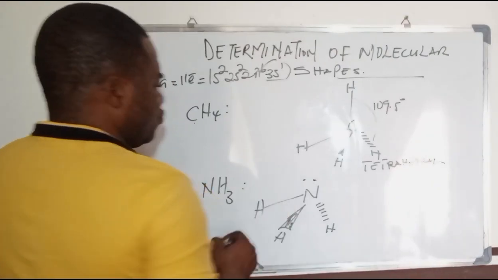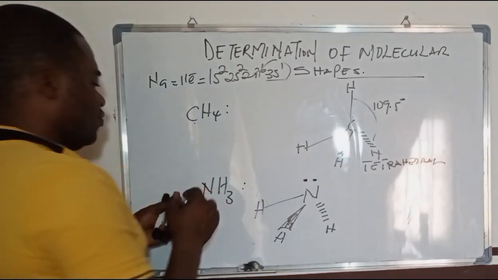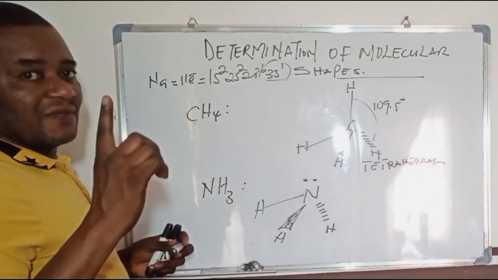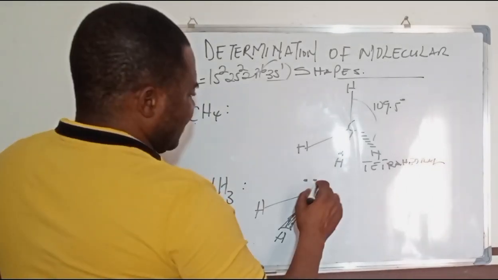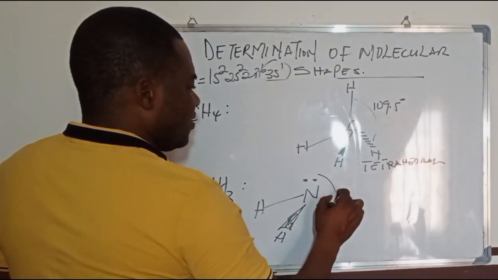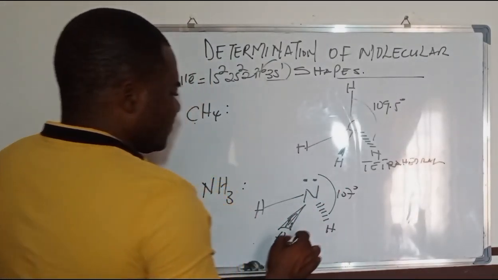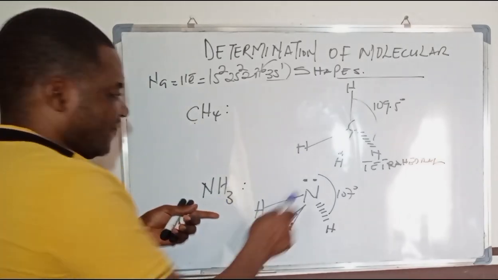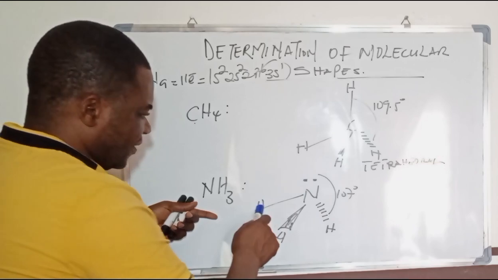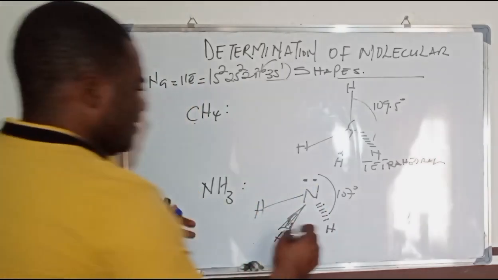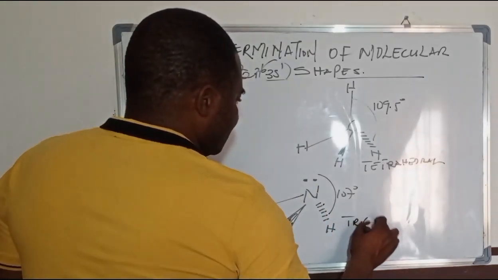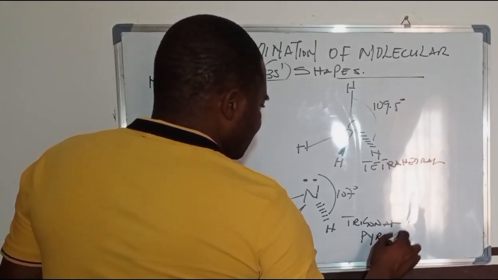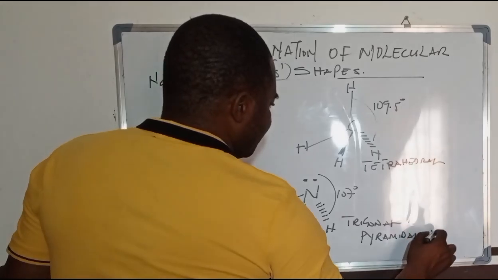Now it has a lone pair of electrons. So you can see that it has a bond angle here of about 107 degrees. Now the shape of this particular ammonia, if properly drawn, you'll see that this shape is a trigonal pyramidal shape.